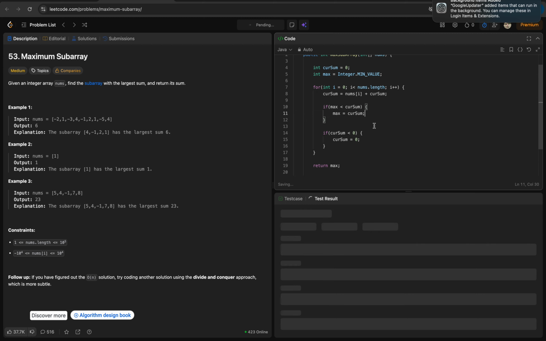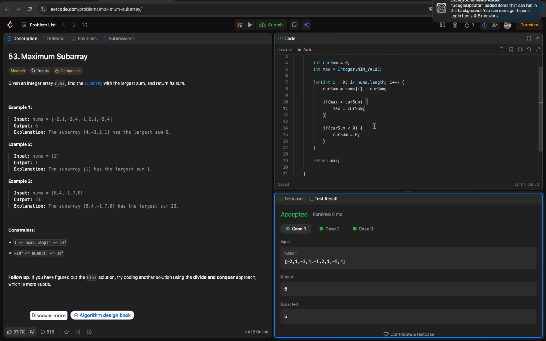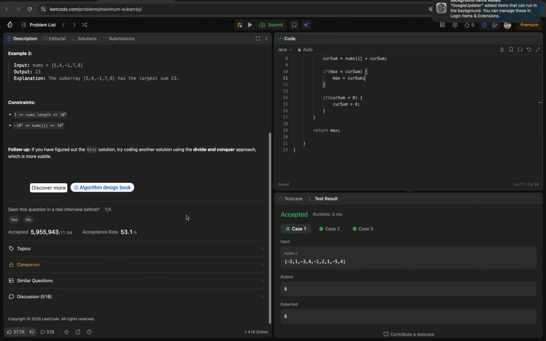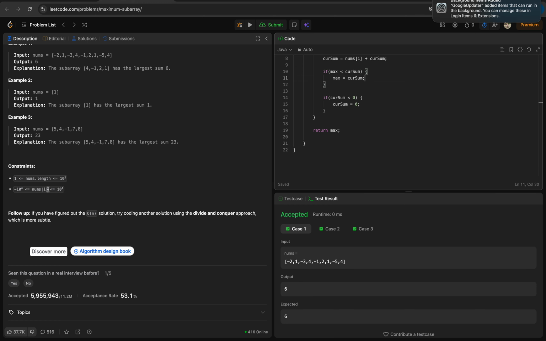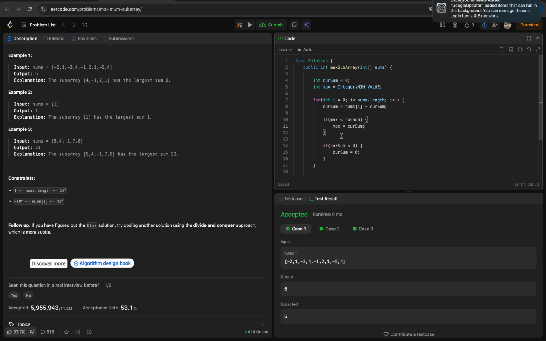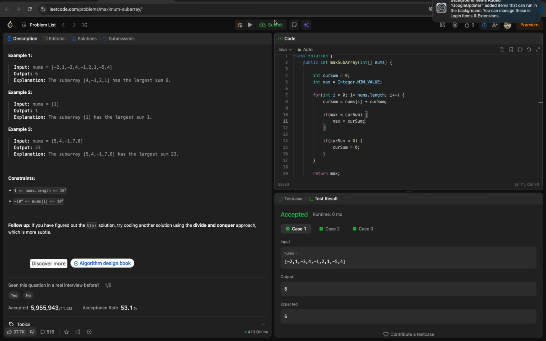In this case the time complexity is O(n) and space complexity is O(1). What else? The size of the nums array cannot be 0, so this should work.